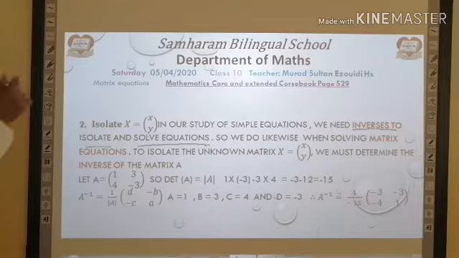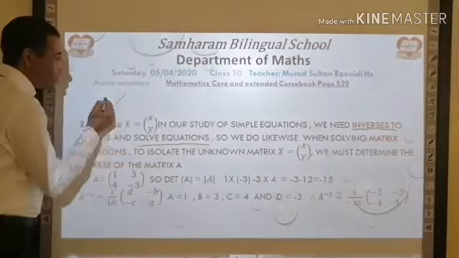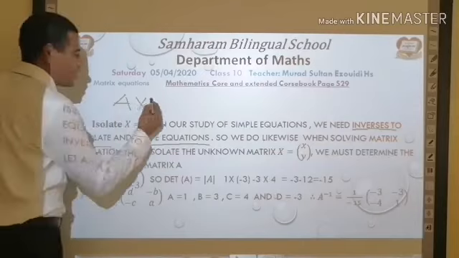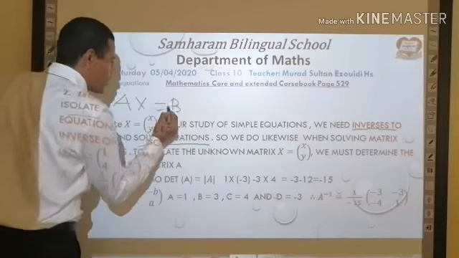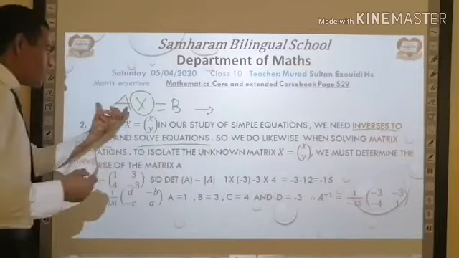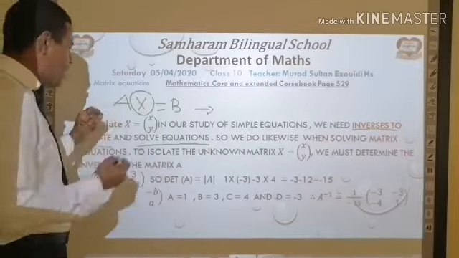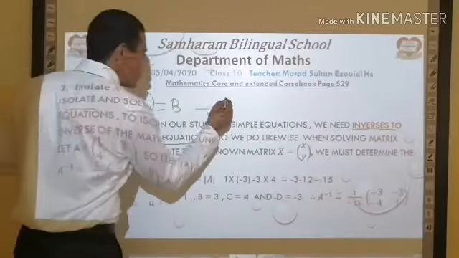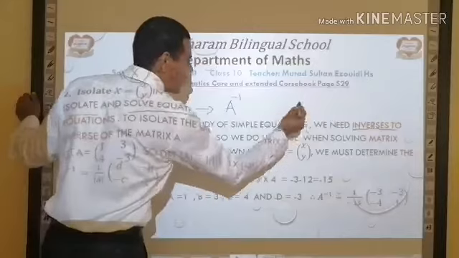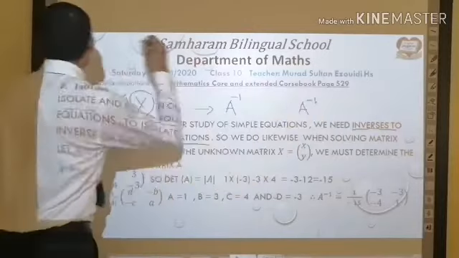For example, if the matrix A times the matrix X equals B, to find X, my kids, you should multiply both sides by the inverse of A. Good boy. We multiply by A negative 1 here and also here.